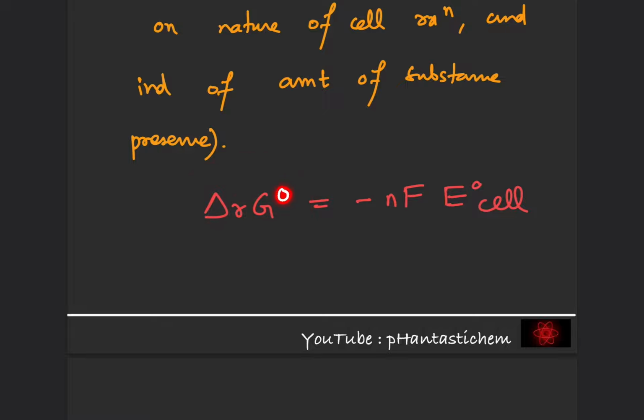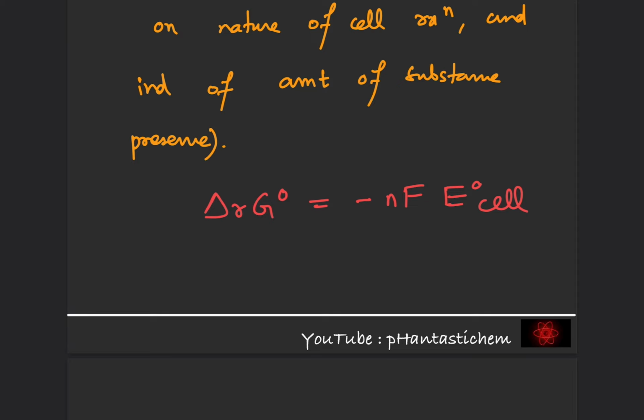The naught stands for standard, delta G is Gibbs free energy change, and R stands for the reaction. n is the number of moles of electrons involved in the cell reaction. F is Faraday's constant, 96500 coulombs per mole, and E naught cell we know, right? So in this particular formula this quantity is extensive, so therefore we can add, subtract, multiply, divide it.